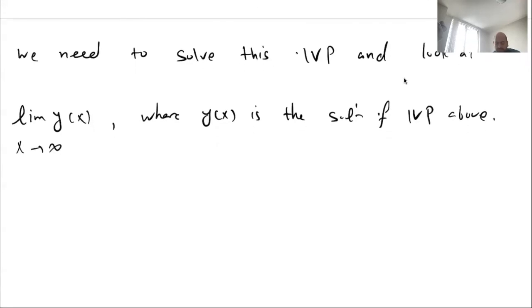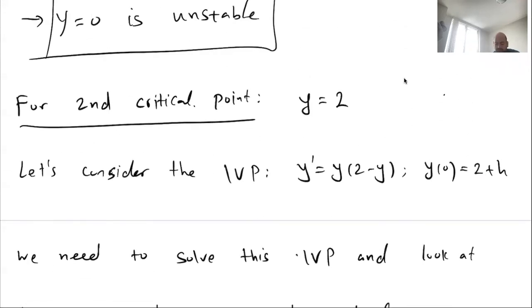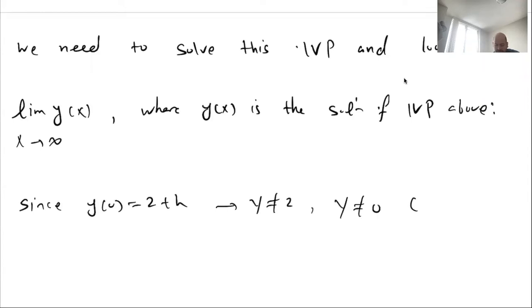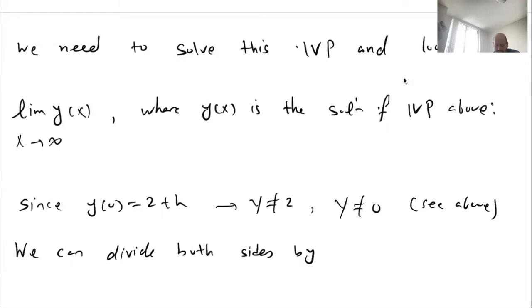Okay, again, like the previous case, based on the initial condition, we can say that the right-hand side is non-zero. So since y of 0 equals 2 plus h, we can say y is not the constant function 2 and not the constant function 0. So we can divide both sides by y times 2 minus y.